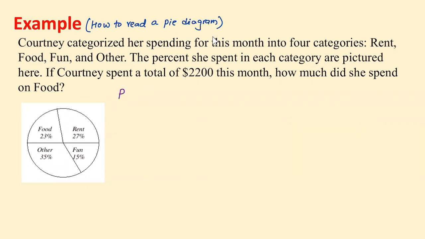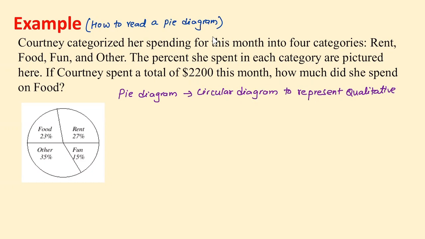When we say pie diagram, it is a circular diagram to represent qualitative data or qualitative variable, and their corresponding values may be quantitative.